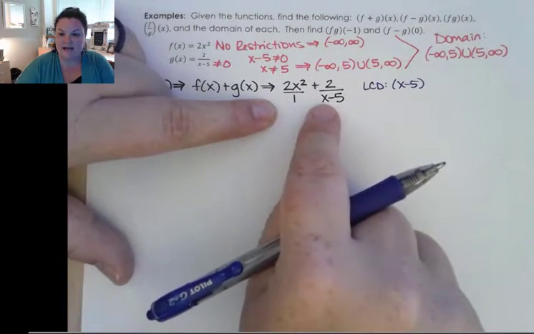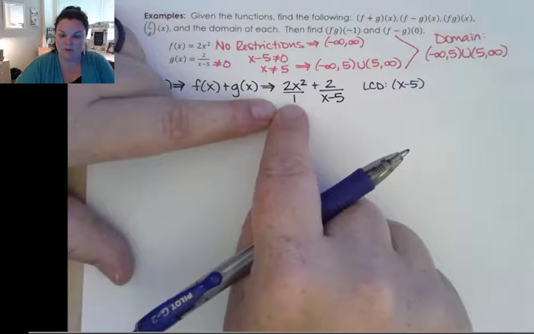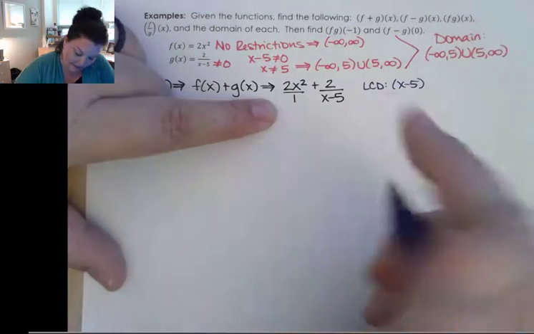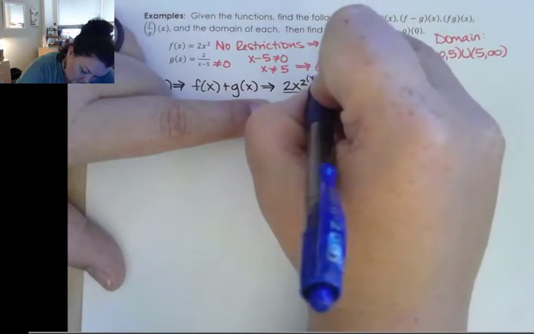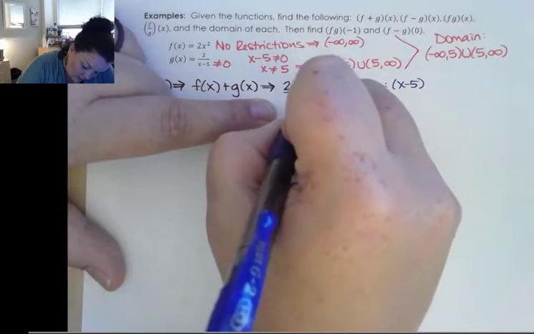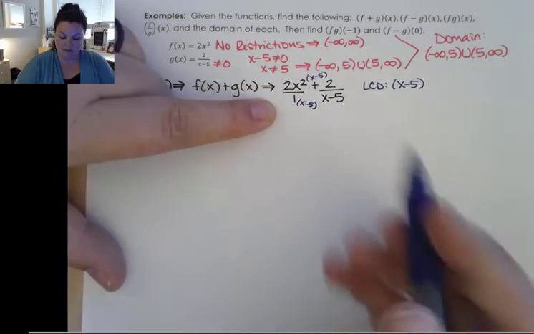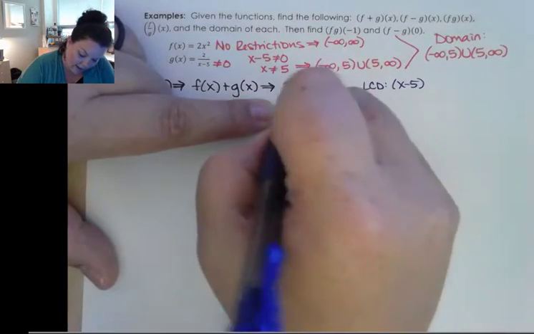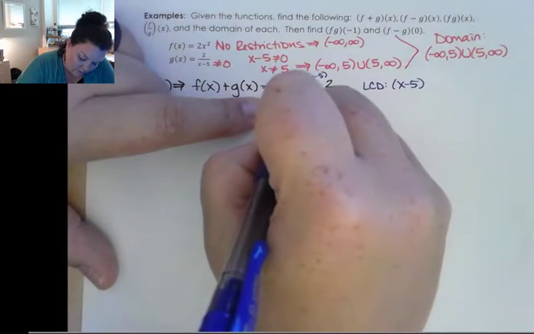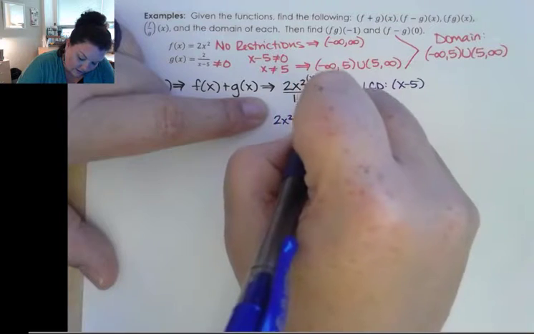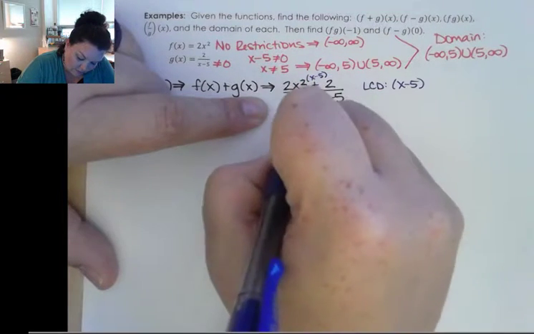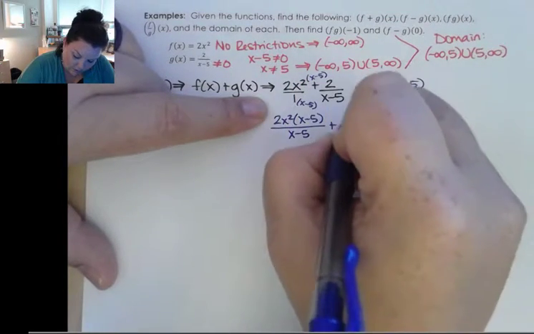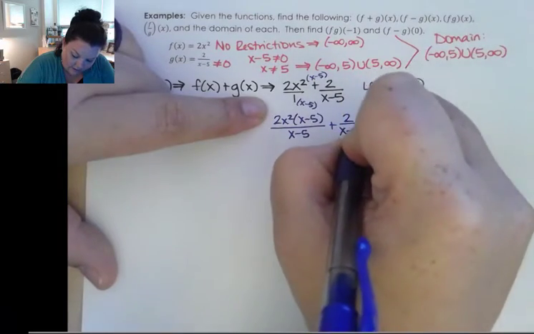So this one already has it. This one I would need to multiply on top and bottom by x minus 5. X minus 5 here, x minus 5 here. That way they would have the same denominator, right? So now I have 2x squared times x minus 5 all over x minus 5 plus 2 over x minus 5.